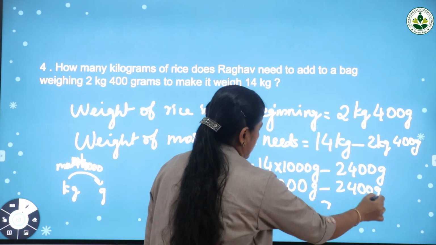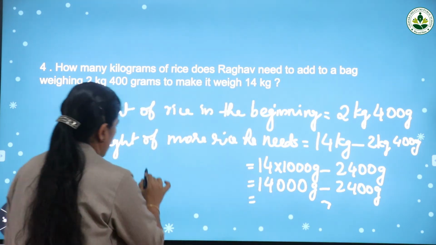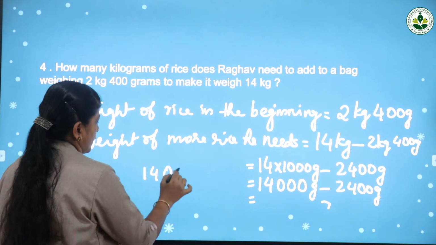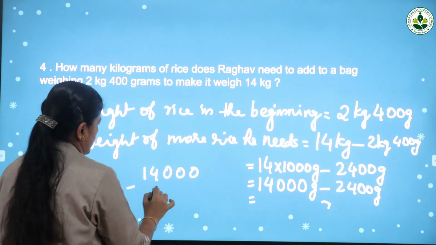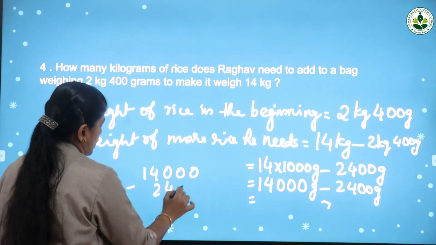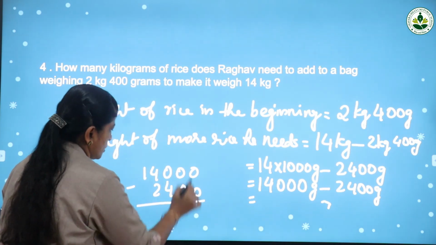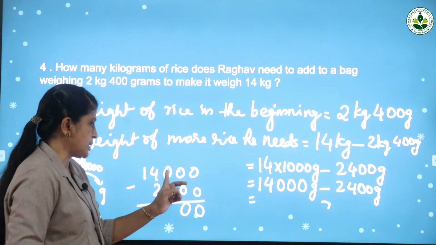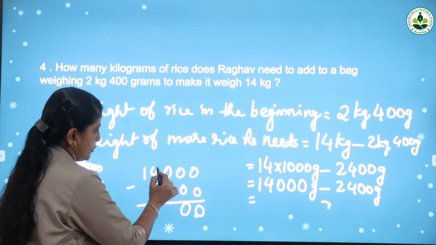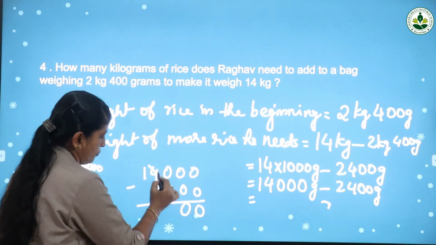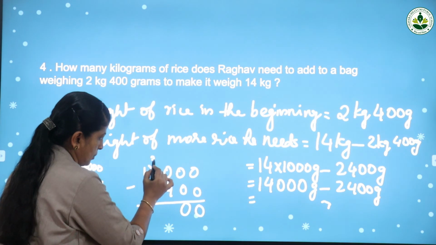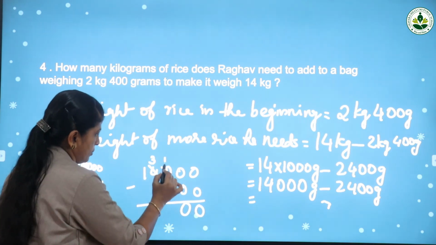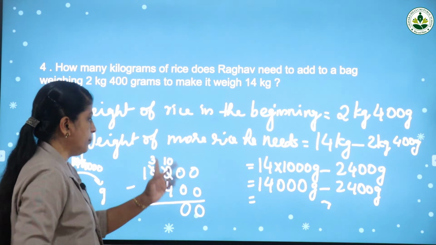2400 gram. Then subtract 14,000 minus 2400. Subtract 0 minus 0, 0, 0 minus 0, 0, and you can't subtract 4 from 0. Therefore, borrow 1 from this 4 and it will become 3, and this 0 will become 10.